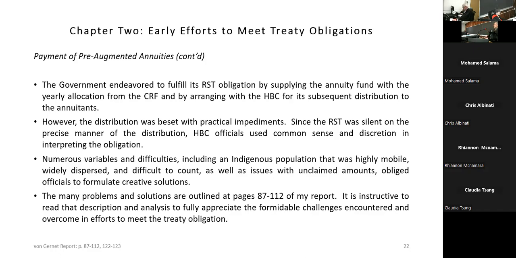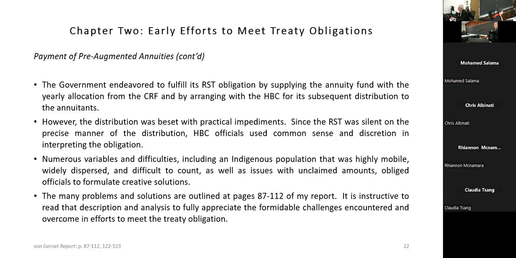Then there was the issue of the so-called half-breeds, which today would be a derogatory term for an individual of mixed heritage. Robinson had suggested early on that it really didn't matter whether they were included or not, because once the annuity was established as a yearly annual fixed amount, it was up to the chiefs to determine how many or how few to include.